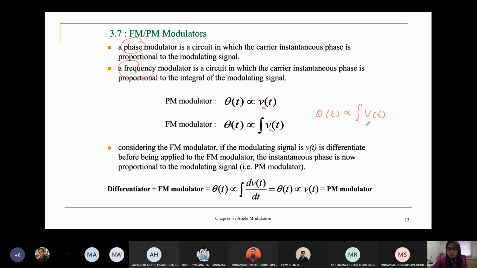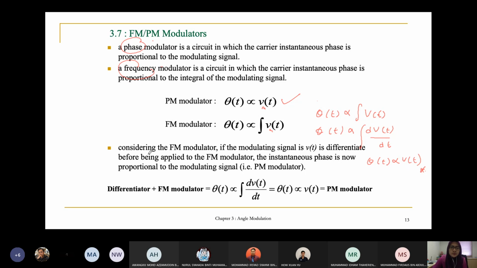It becomes dVt over dt, and the integral of dVt over dt becomes Vt. So theta t directly proportional to the modulating signal is the same as the equation for the phase modulator.